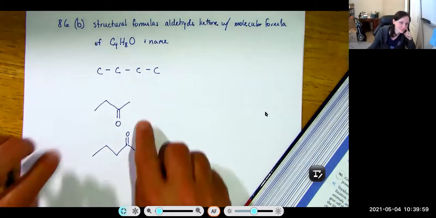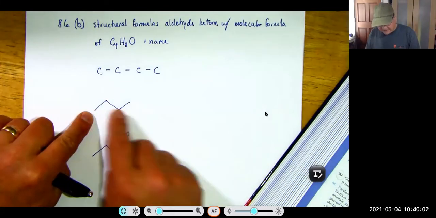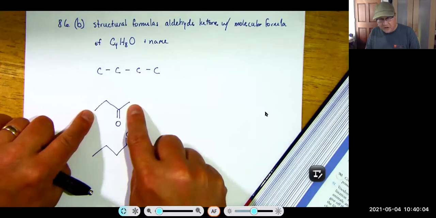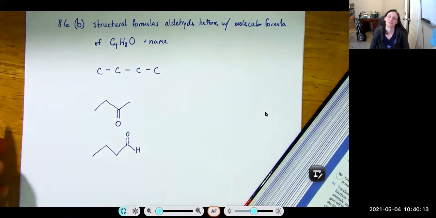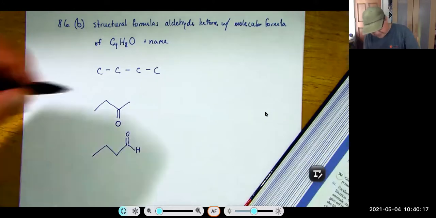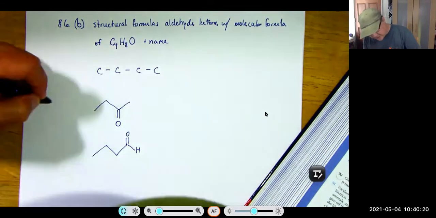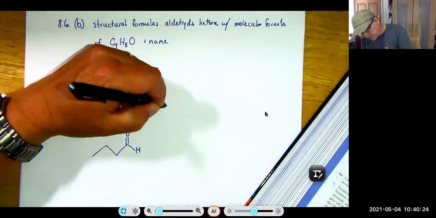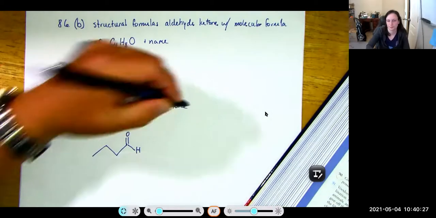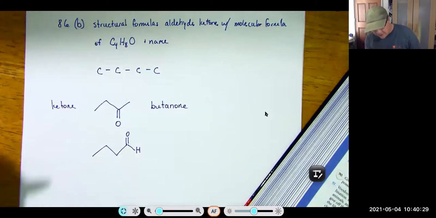And how many on the peak? 2. So 3, 3, and 2 is 8. So that's okay, but it's not an aldehyde, it's a ketone. This is a ketone, and it would be called butanone. We don't have to tell people where the ketone is because it's on carbon 2, period.